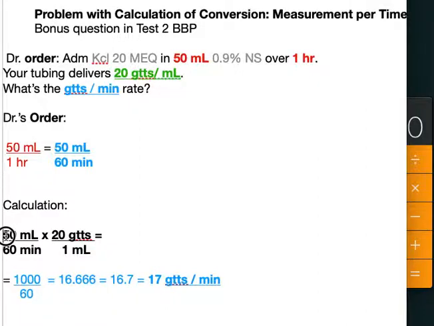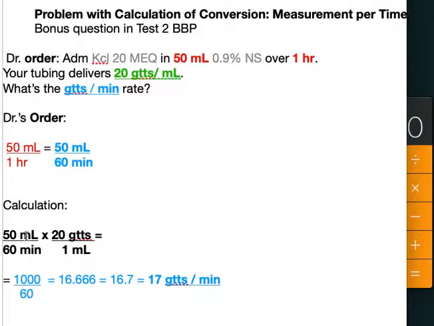Now we are able to do the calculation to find drops per minute. Okay, so the calculation will be 50 milliliters over 60 minutes. We are using the units to make it easier for us to refer back to our problem.